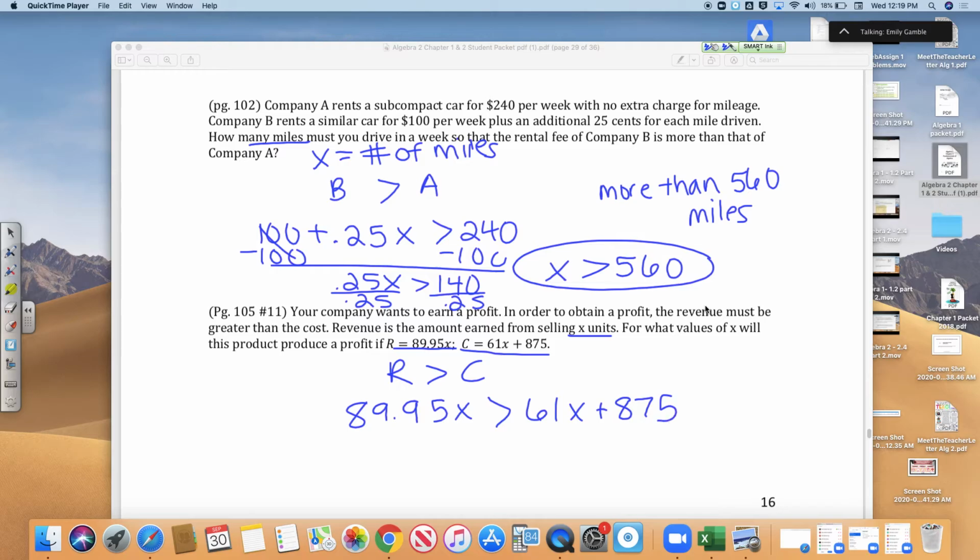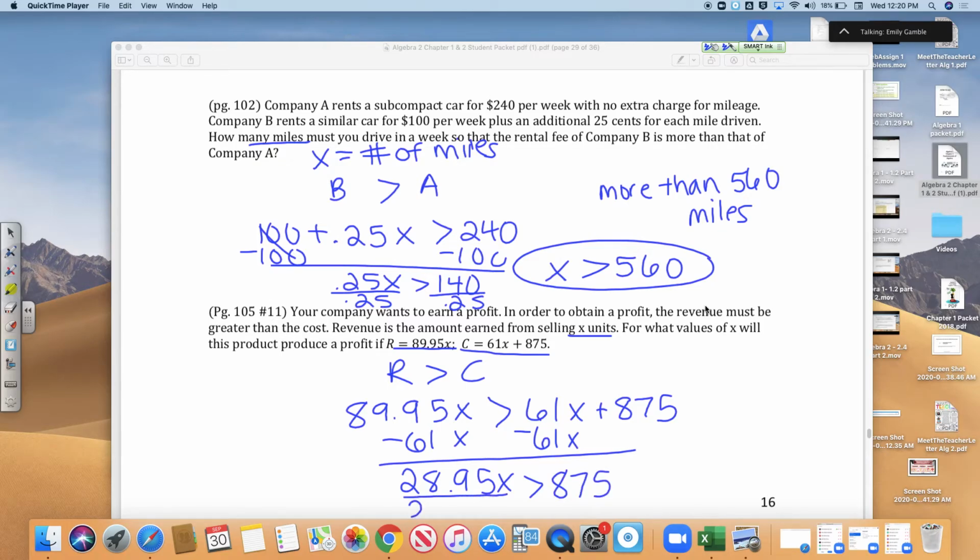and then solve. So I have variables on both sides. So what I'm going to do is move the 61x to the left by subtracting both sides by 61x. And when I subtract 89.95 minus 61, I get 28.95x is greater than 875.